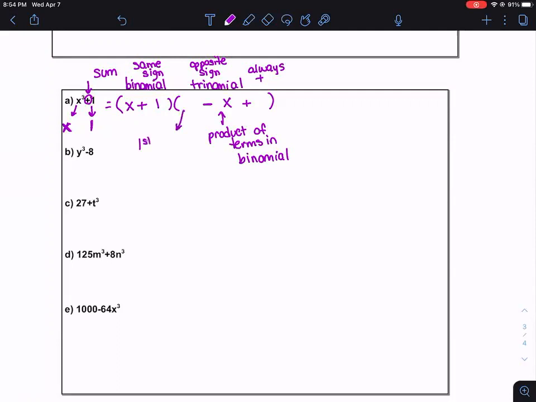The first term of the binomial gets squared. So x squared is just going to be x squared. And the second term of the binomial squared goes on the outside. So 1 squared is 1, and that would be the entire factoring.